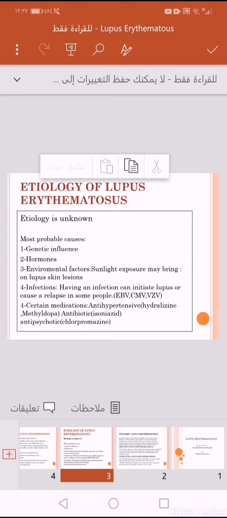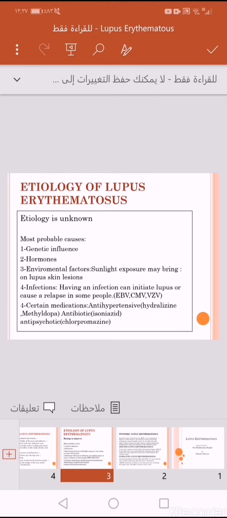The most probable cause is genetic influence. This is the main cause genetically. Hormones, especially in females. Environmental factors such as sunlight exposure may bring on lupus skin lesions.